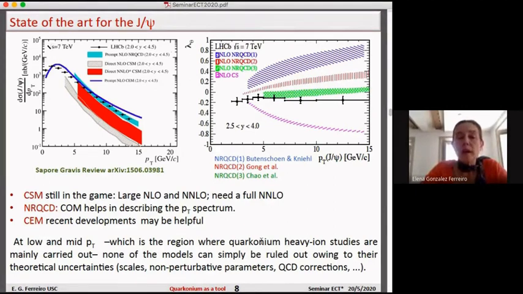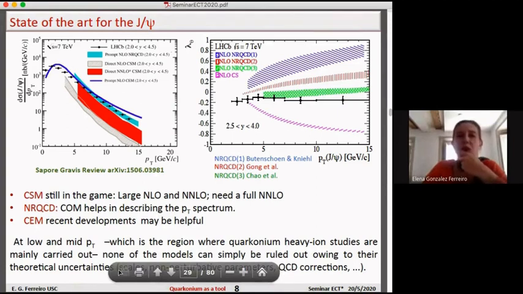Then they introduce more processes, orders in alpha S, in order to do the correction. So they would introduce a gluon giving CC bar plus a hard gluon. That was the initial correction, and more like this. It's all I know.